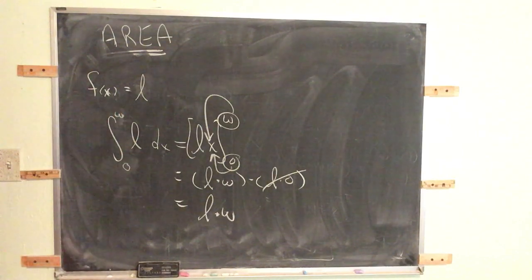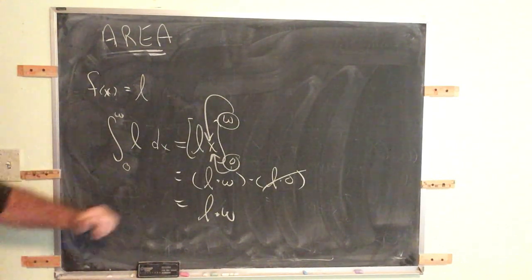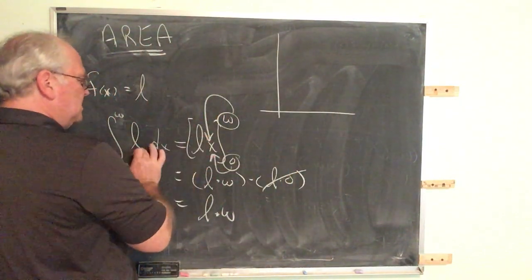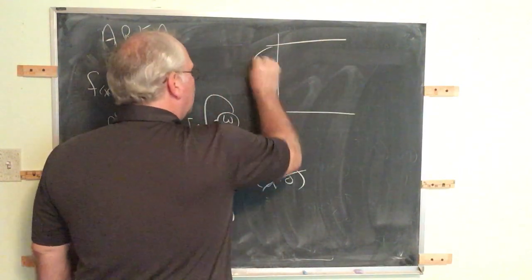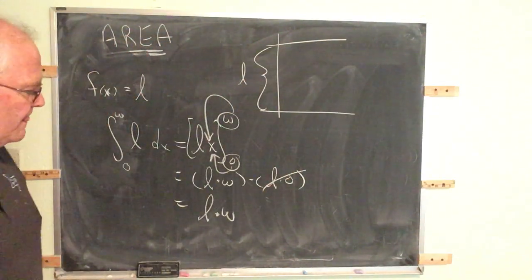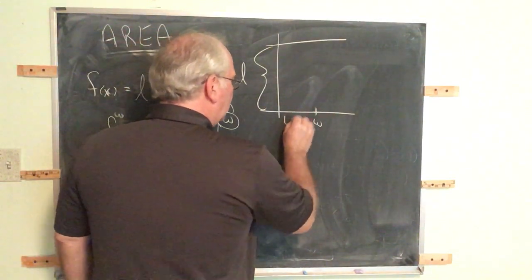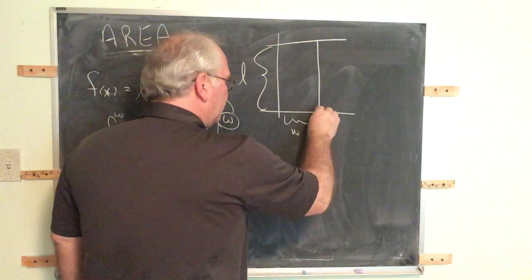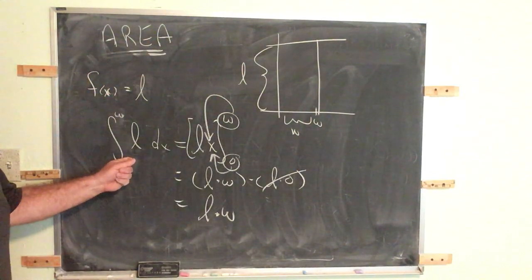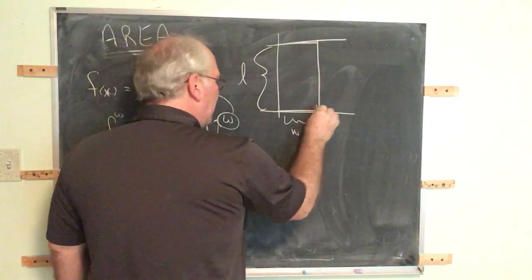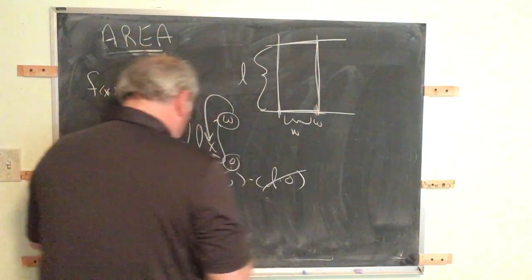We think, okay, big whoopee, so what? What's all that about? If we draw the picture of what we just did, I think it becomes significant. Because this is the constant function at L, that distance is L. And this starts at 0 and goes to W. That distance is W. And since we evaluated a definite integral, we just found the area under this curve, above the x-axis, and between these two vertical lines.